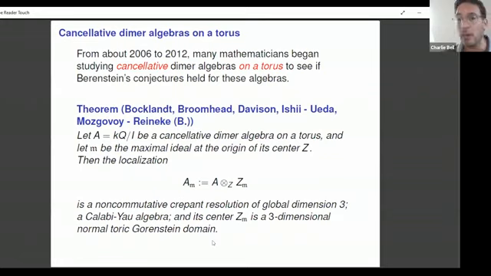From 2006 to around 2012, many mathematicians began studying cancellative dimer algebras on the torus to see if Berenstein's conjectures held for these algebras. And the following theorem was kind of the main result that came out of all this work.